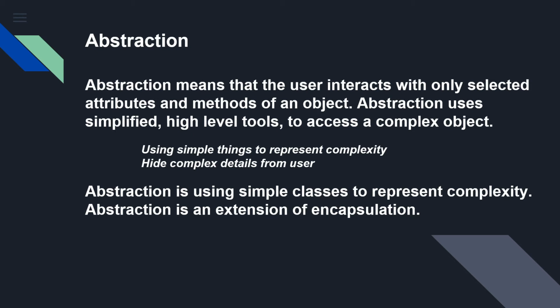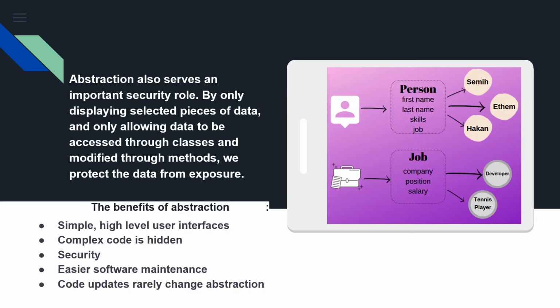So this name of car is abstraction. In software, abstraction has an important security role because the user reaches and changes only selected data. The benefits are here, but I already explained them.